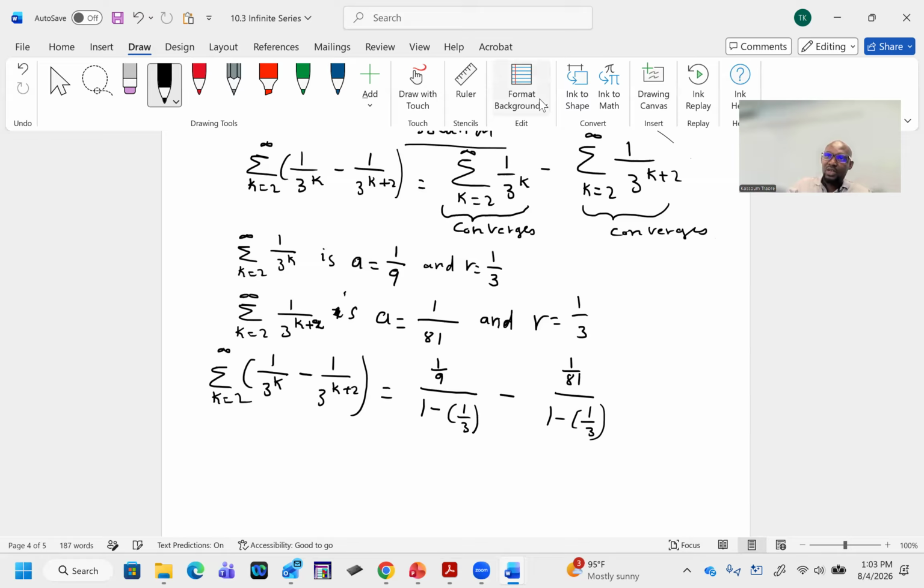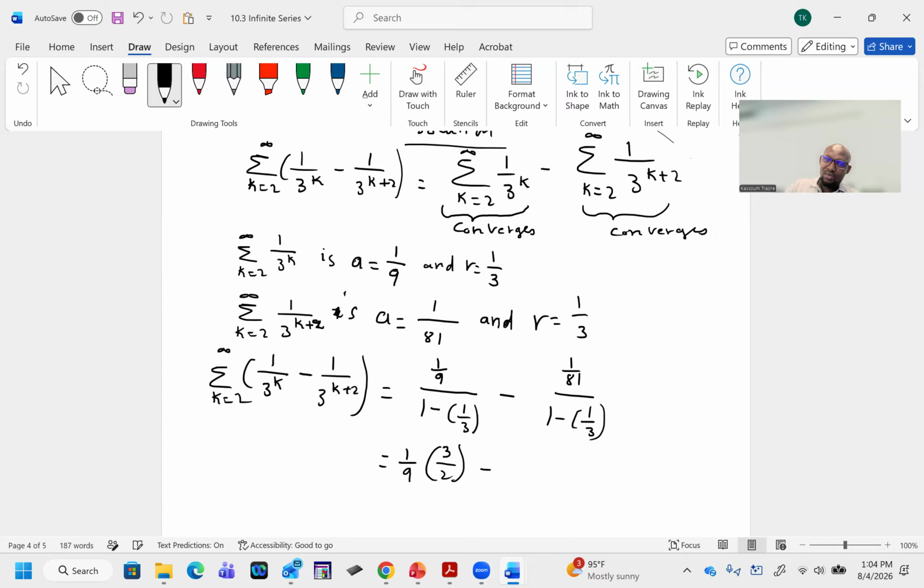Now you have to use your calculator to simplify. So this will give me 1 over 9 times, the 1 minus 1/3 will give me 2 divided by 3, so it will be times 3 divided by 2, right? If you have a fraction divided by a fraction, you take the numerator and multiply by the reciprocal of the denominator.